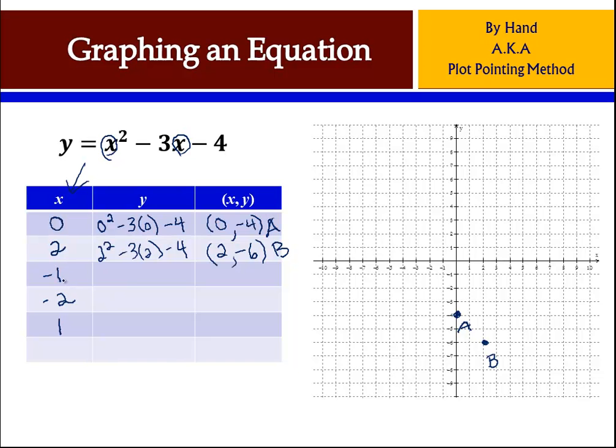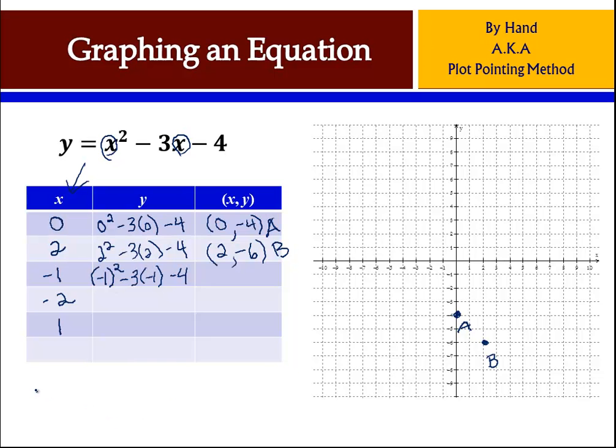Now the next value I have for x is -1. And in order to do this without missing a sign, I need to put my substituted value inside of parentheses. And then I can do my arithmetic. -1 squared is going to be 1.